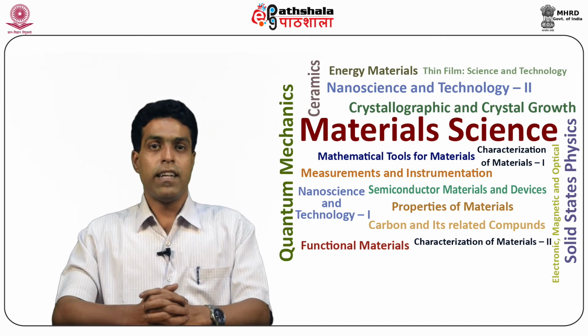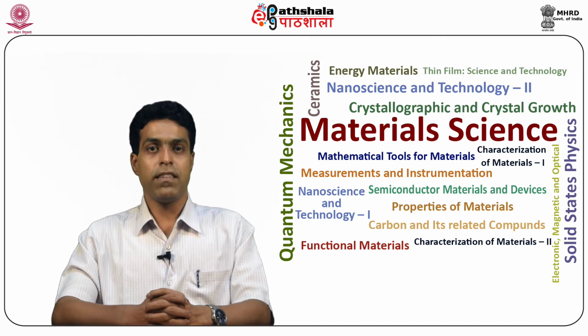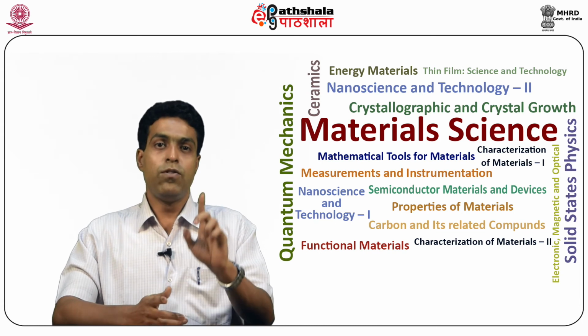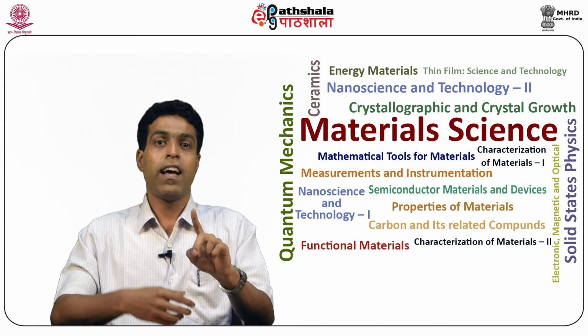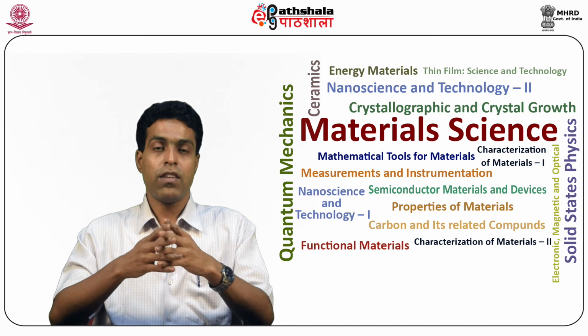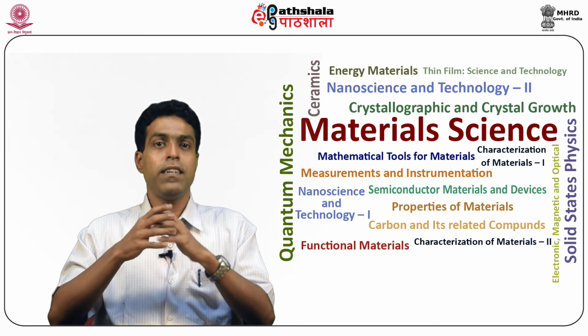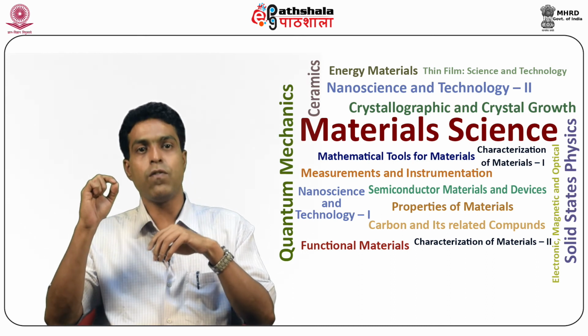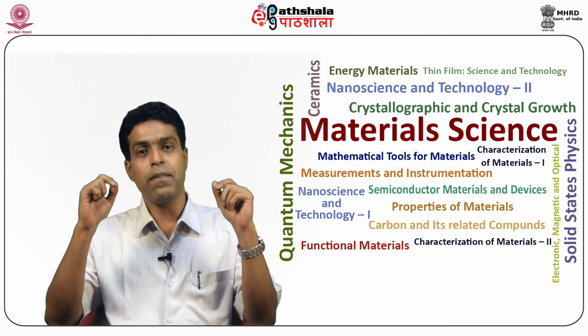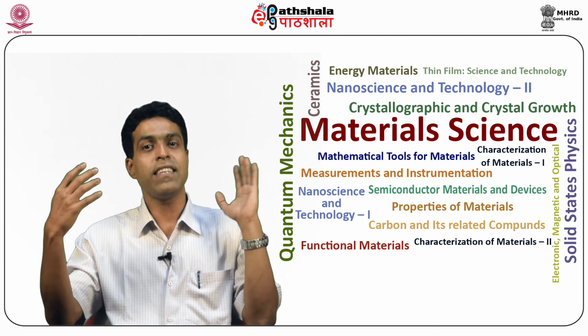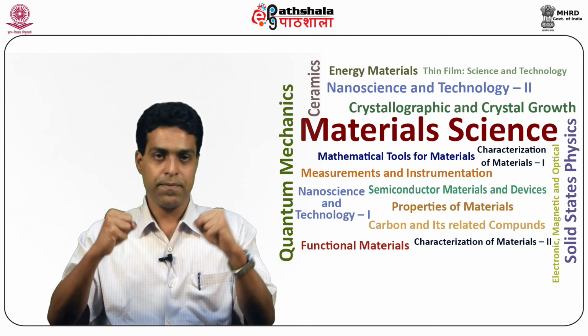So students, let us summarize what we have learned in this module. The duality aspect of photons and quantum particles through Young's double slit experiment. We have learned that it is an inherent property of photon to behave simultaneously as a wave and a particle.